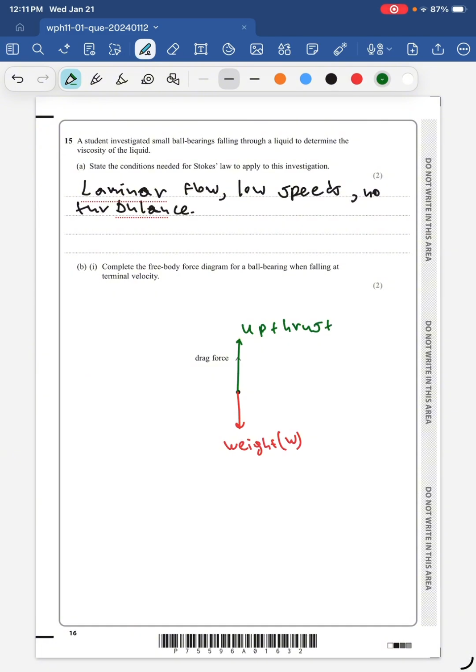And by the way, this is a trick, I guess, again, because these three forces are always there when the ball is falling. When the ball falls at terminal velocity, it means we have no acceleration anymore, which means that the resultant force is 0, which means that the weight is equal to the upthrust plus the drag force. I hope this makes sense.